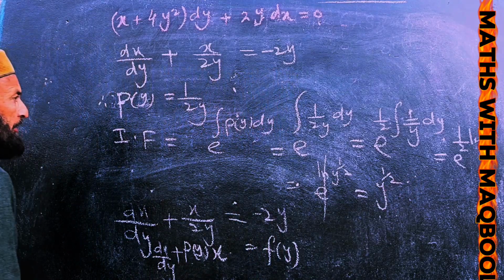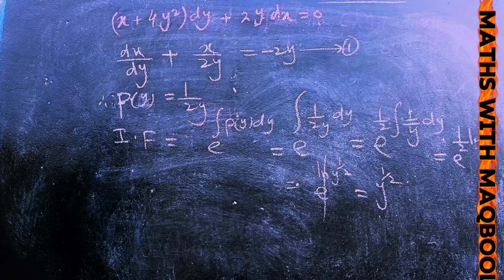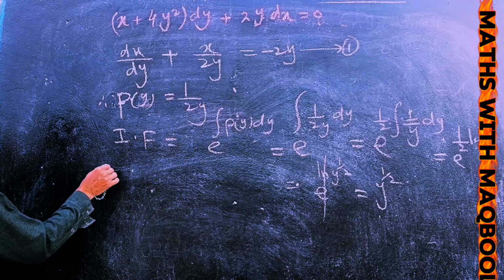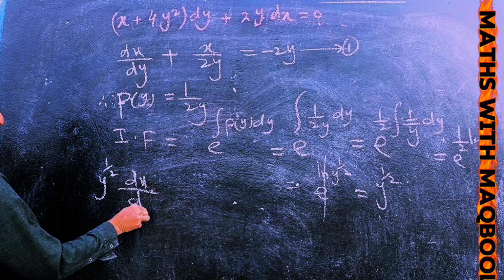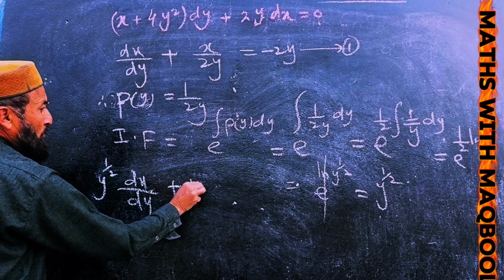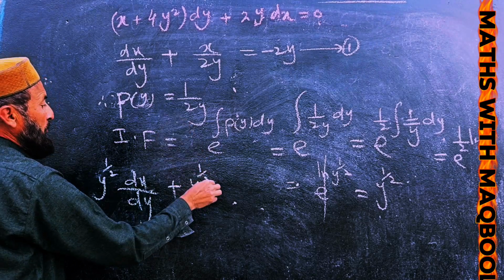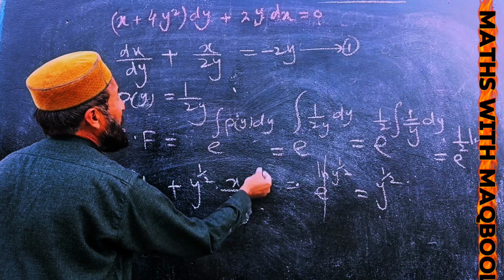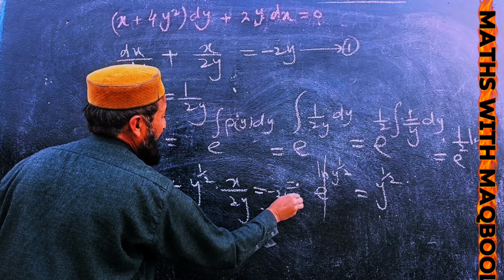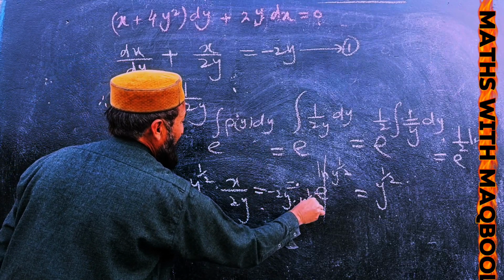Now this is the integrating factor, so now we multiply this term y to the power 1 by 2 with dx divided by dy plus y to the power 1 by 2 into x by 2y is equal to minus 2y into y to the power 1 by 2.